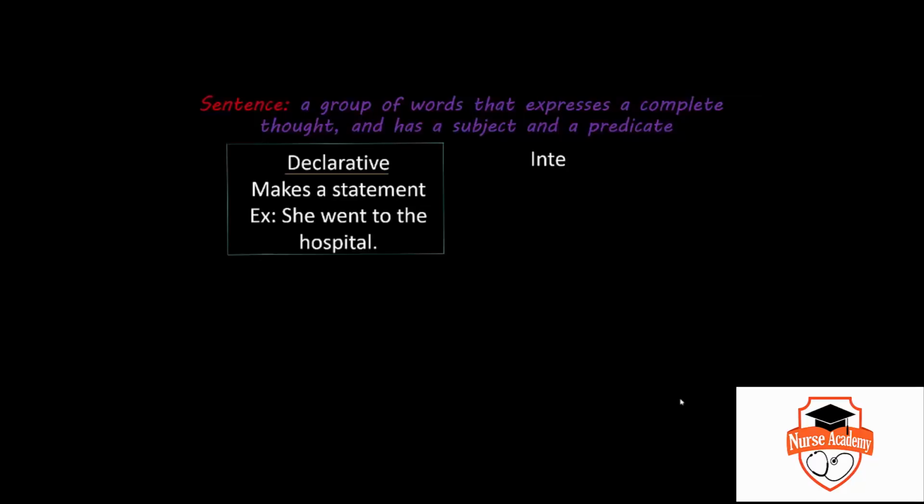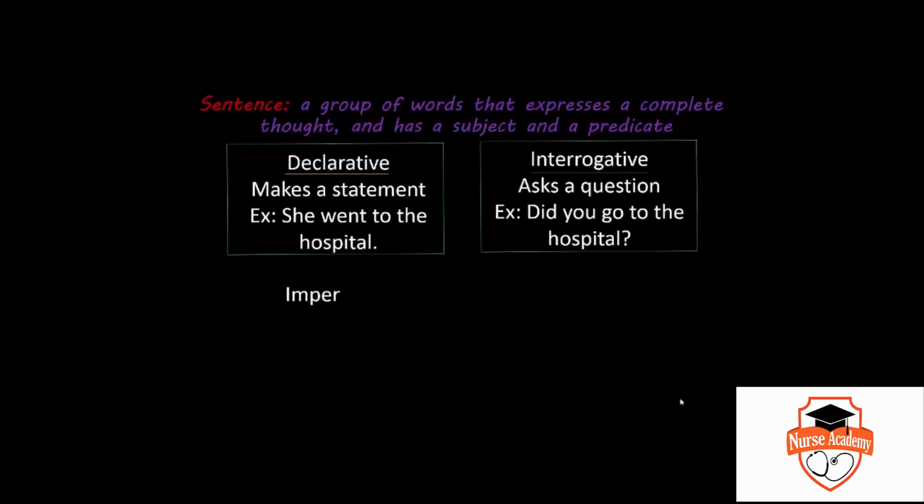The second type of sentence is an interrogative sentence. And an interrogative sentence asks a question. So an example of this would be, did you go to the hospital? It is asking a question. The question is, did you go to the hospital? The third type of sentence is an imperative sentence. And an imperative sentence makes a command or a request.